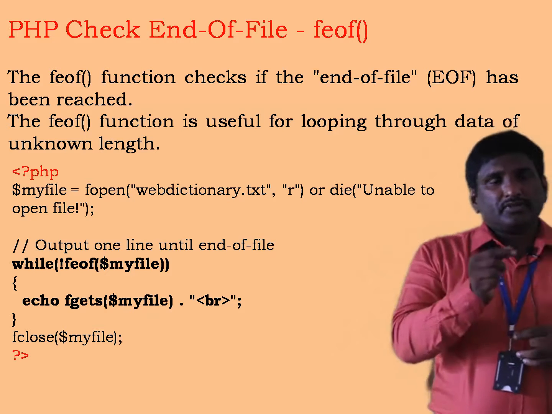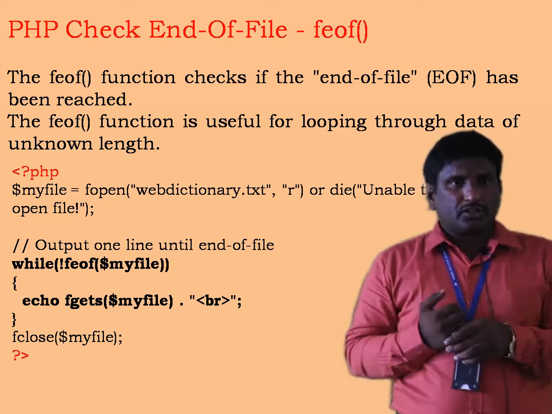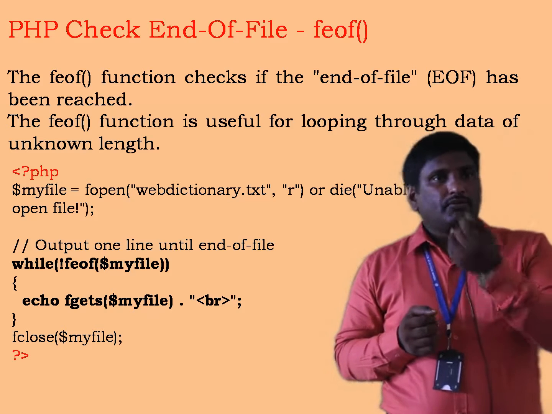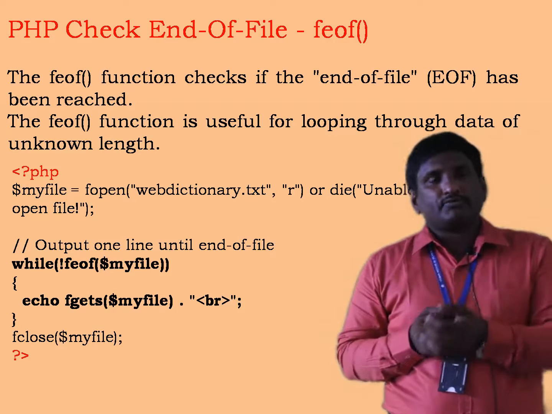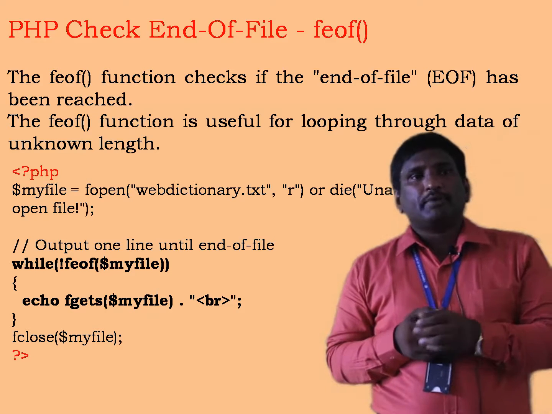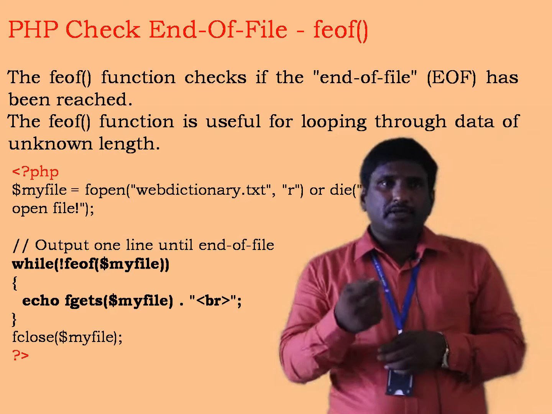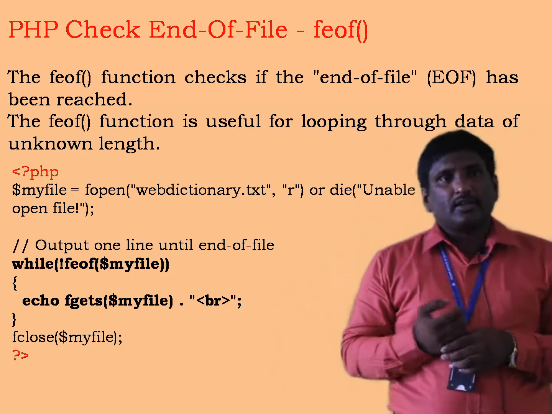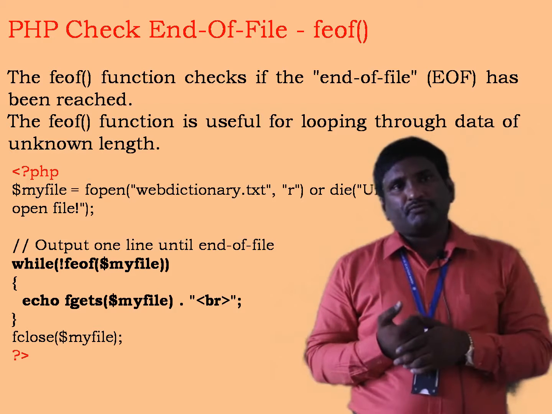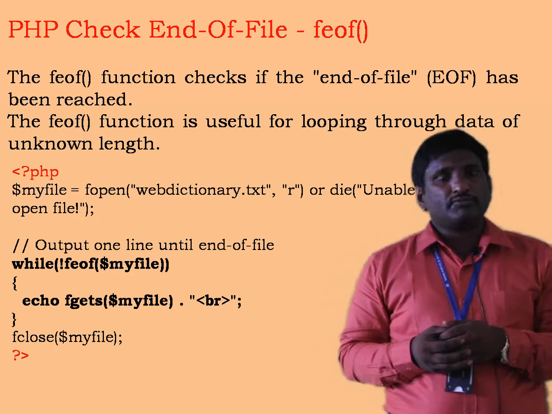By using end of file, we need to check whether the pointer is at the end of the file, so that's what I'm using here with while. While feof of $myfile is not true, print a line by using the fgets function, it prints a line from the webdictionary.txt. After that I need to close the file pointer. In this way we need to check the end of the file by using the feof function.